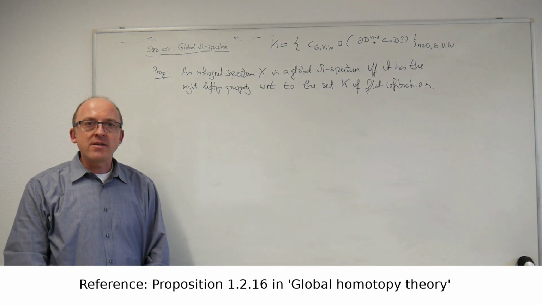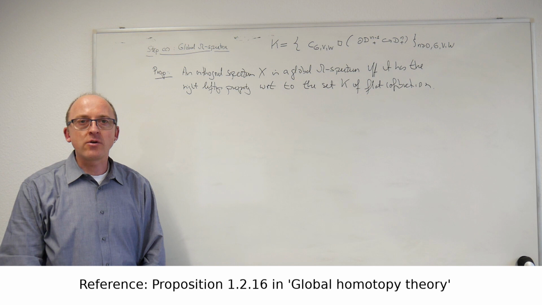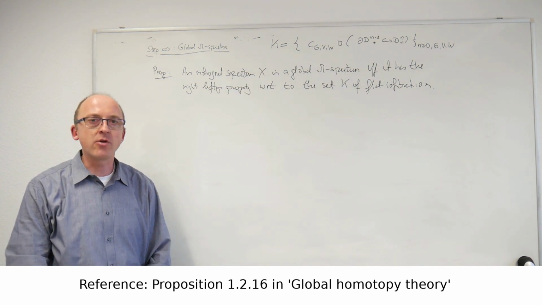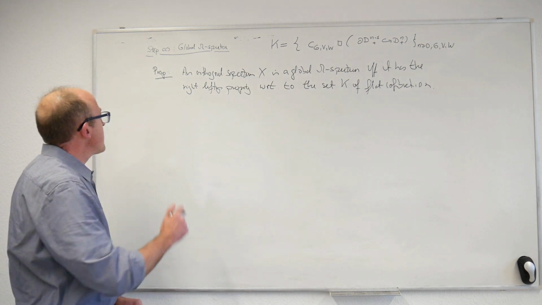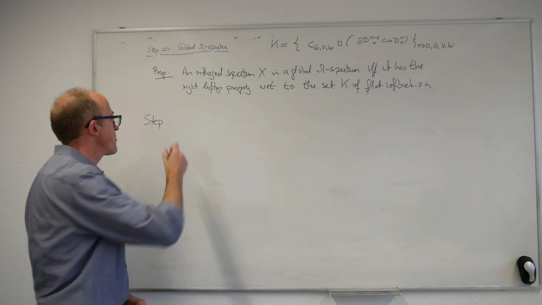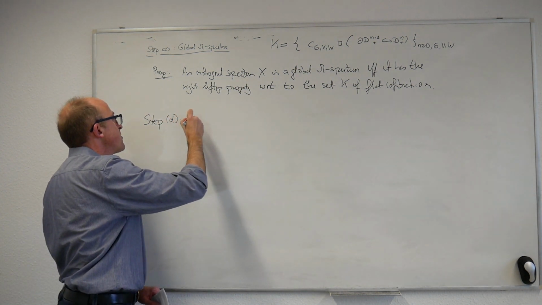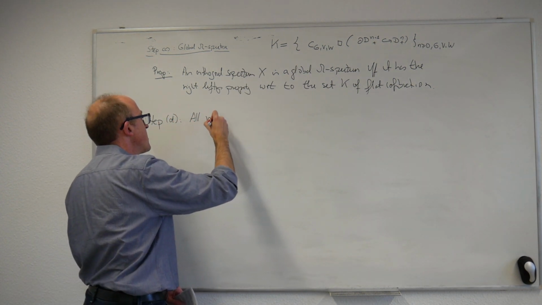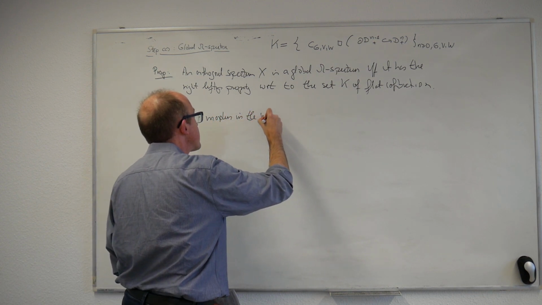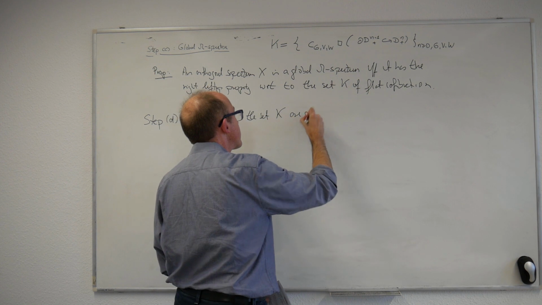So this completes the third step that I call step C in the general procedure to establish such stable model structures. The next step is a reality step, and this is the one which is much less formal than the other ones. Step D would be that all morphisms in the set K are global equivalences.